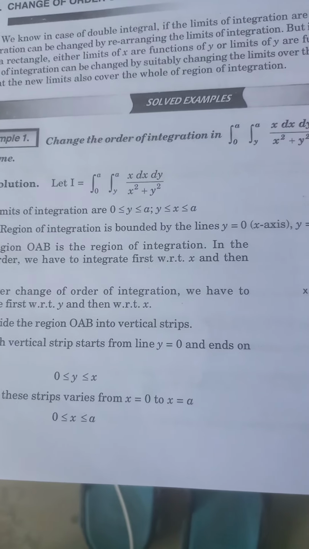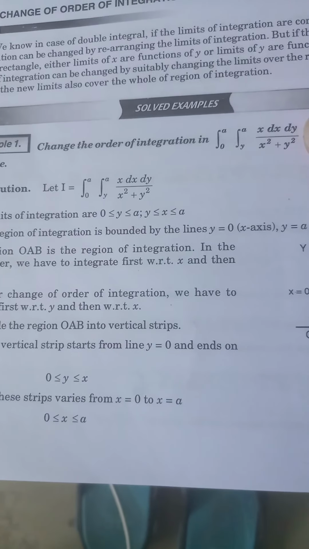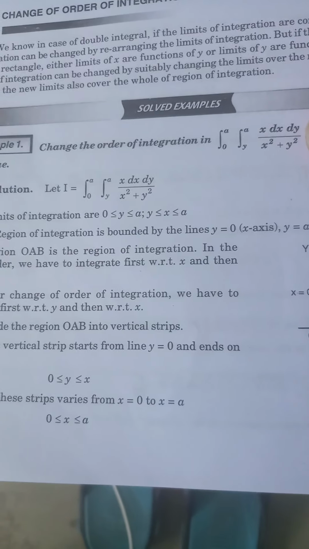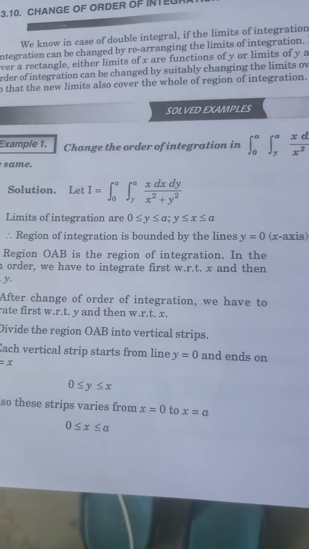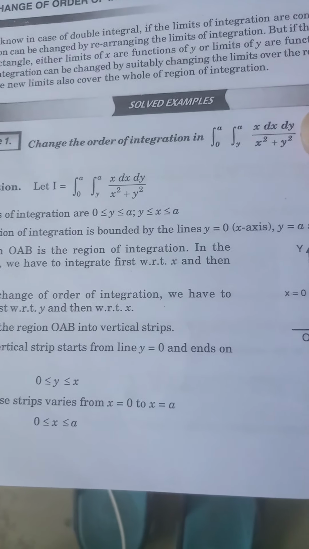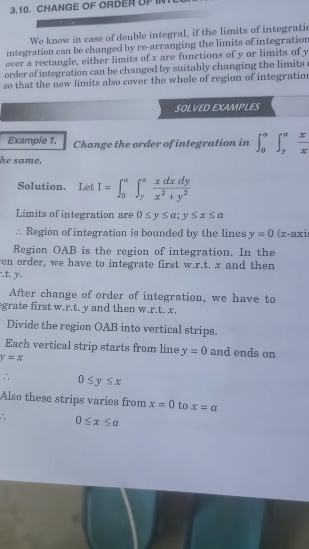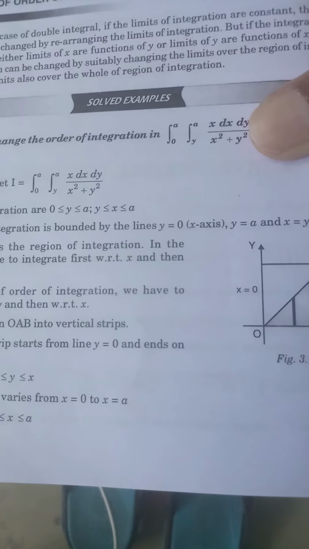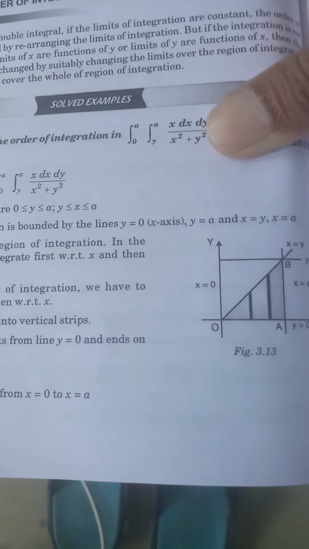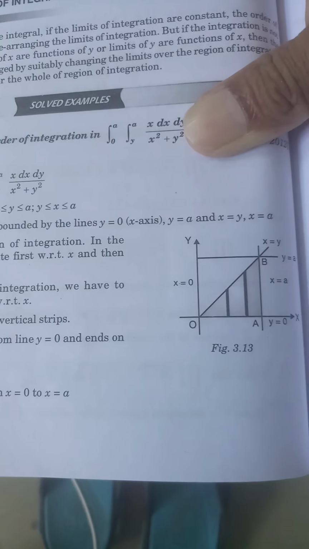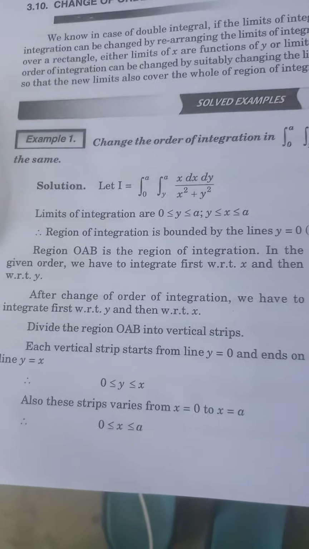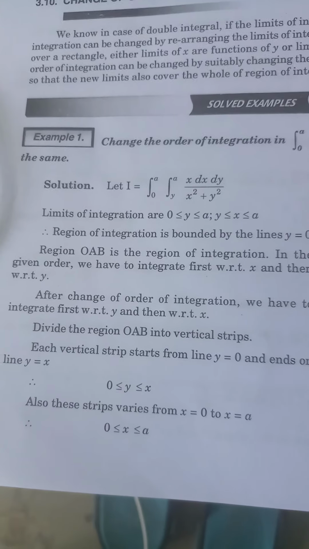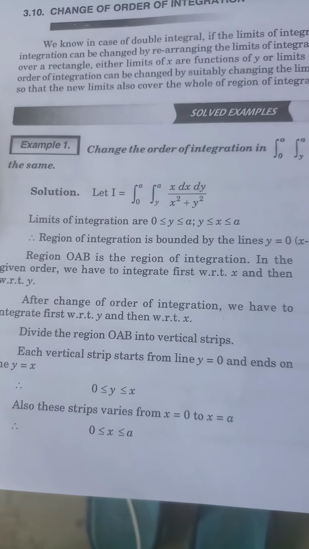I equal integral 0 to a integral y to a x dx dy over x square plus y square. So limits of integration are 0 less than equal to y less than equal to a, y less than equal to x less than equal to a. Therefore region of integration is bounded by the lines y equal to 0, x axis, y equal to a, and x equal to y, x equal to a. Region OAB is the region of integration.